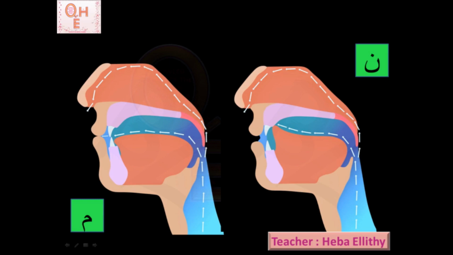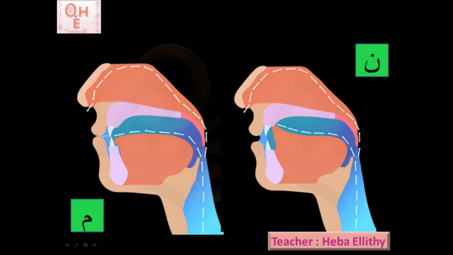And we have levels of ghunna for these two, which means we can stretch some ghunna more than other; there are levels for it. So it's a partial flow. It's not completely open like the rakhwa letters, and it's not completely closed like the shadeedah letters.